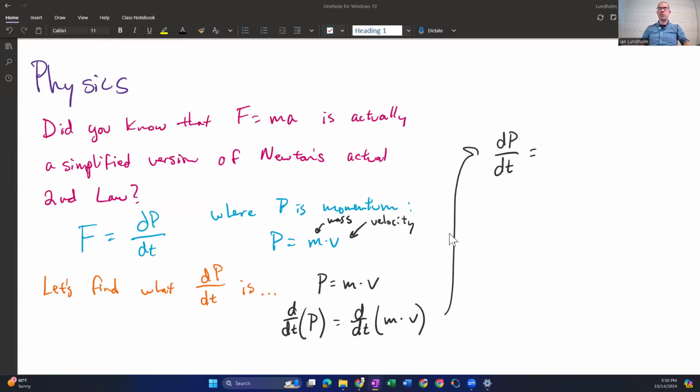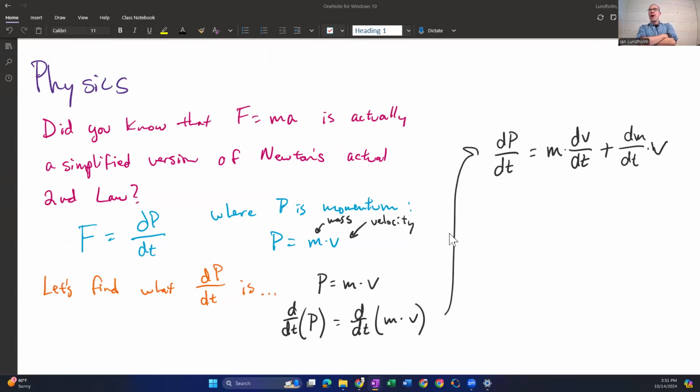And so product rule says leave one of them alone, take the derivative of the other one, and add those things together. So maybe we do the mass times the derivative of the velocity with respect to time, so I'm going to write that as dv/dt. And then we're going to add that to the rate of change of mass with respect to time times velocity.